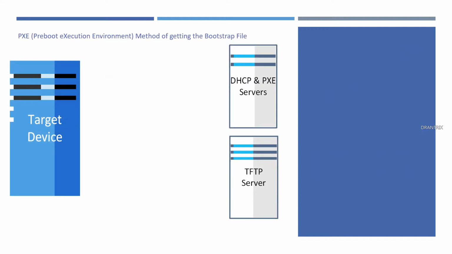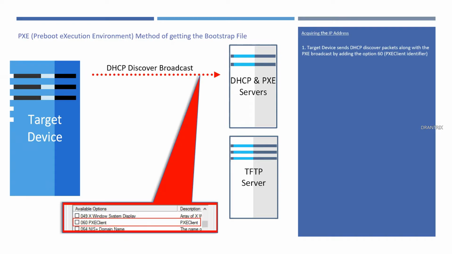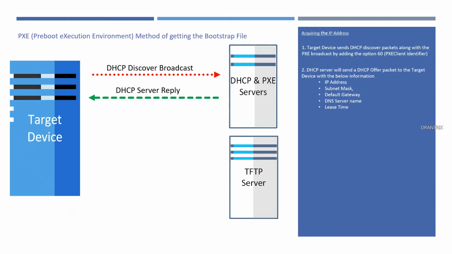And the next one is the PXE method of getting the Bootstrap file. In this method, the target device sends DHCP discover packets along with the PXE broadcast by adding the DHCP scope option 60, which is for the PXE client identifier. In the second stage, the DHCP server will send a DHCP offer packet to the target device with the usual information, just like we talked about before.